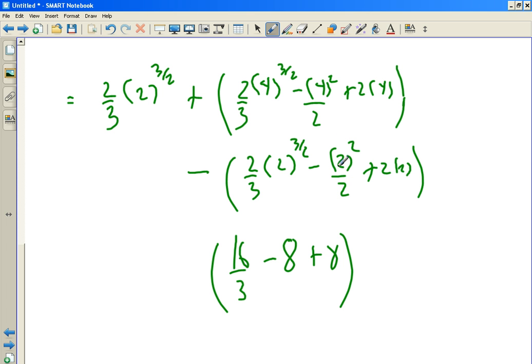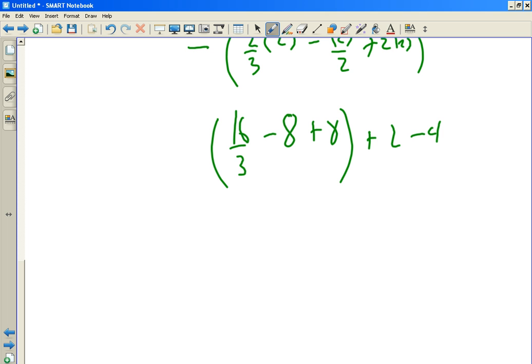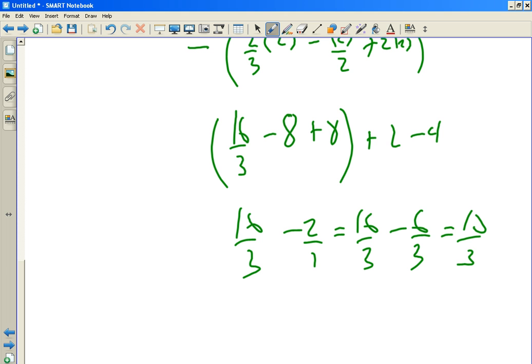But adding what? What is this? 2. So I'm going to add 2, but I'm going to subtract what? 4. So I'm really subtracting 2. So this is 16/3 minus 2, and if you like, that's 2 over 1, so 16/3 minus what? 6/3 is 10/3. Okay?